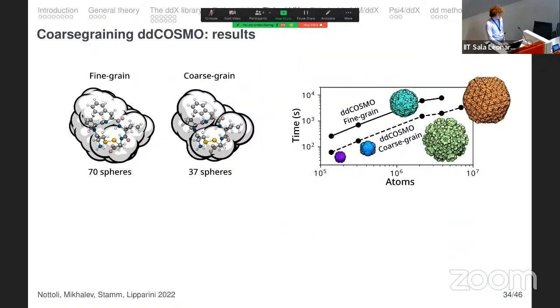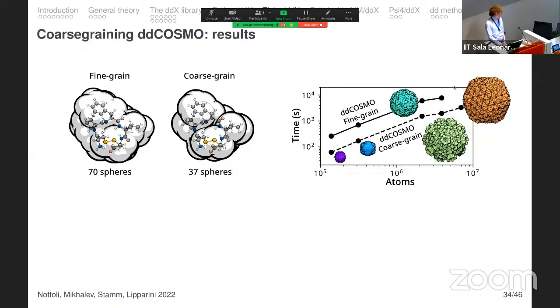What we observed is that for any given biological system, we roughly cut the number of spheres by 1/2. This is also where we went to very large systems, like the viruses we've seen before. We went up to 7 million atoms with the biggest virus. We compared the computational cost of a fine-grained DD Cosmo calculation with a coarse-grained one.